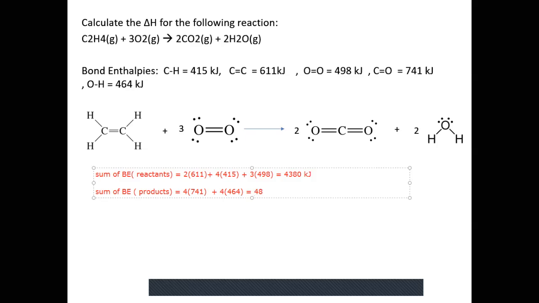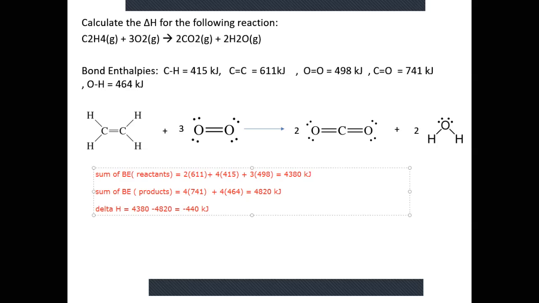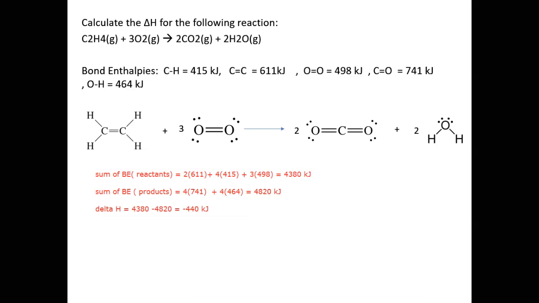We get 4,820 kilojoules. And then the delta H is 4,380 minus 4,820, which equals negative 440 kilojoules. And that tells us that the reaction is exothermic and the products are more stable than the reactants.